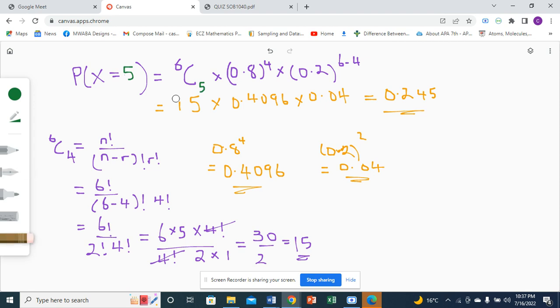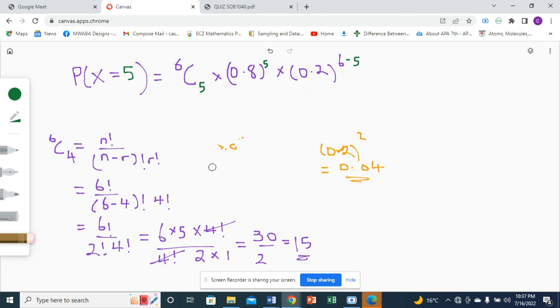Then we have 0.8 to the power 5, then 0.2, this will be 6 minus 5 here. All right, so here it's 6 and 5 here.